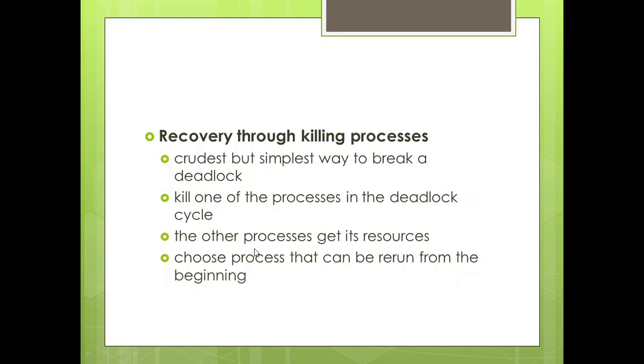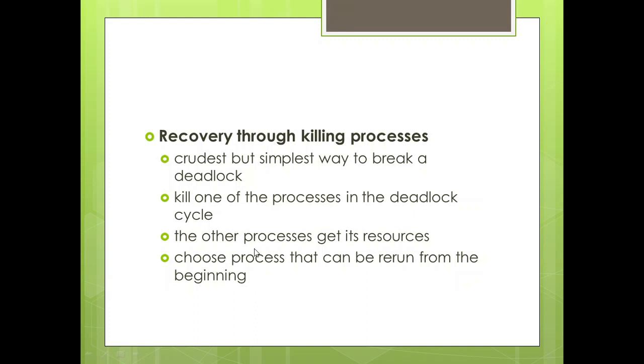And the next way to recover from the deadlock is recovery through killing processes. A simple way to break the deadlock is to kill a process in the deadlock cycle. After this, other processes may be able to continue. If this doesn't help, it can be repeated until the cycle is broken.